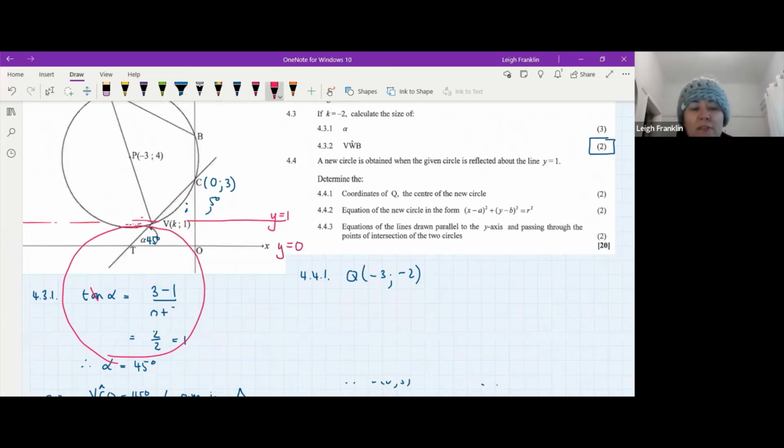Let me get rid of all of that writing, because otherwise it just makes it confusing.